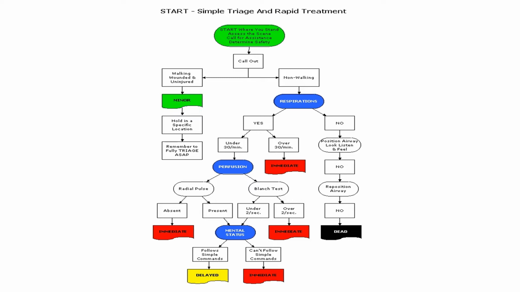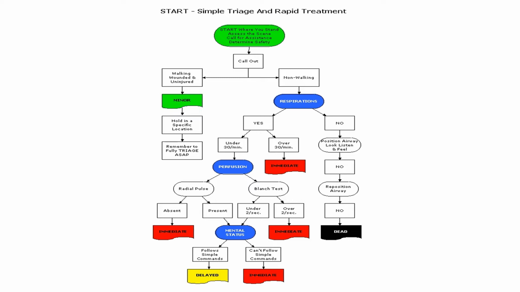So then the non-walking ones, you're going to go and assess all their respirations. If they have no respirations, you're going to reposition their head and look, listen, and feel. If they still have no respirations, you're going to reposition again, and if they have none, then they're considered dead, and you move on.